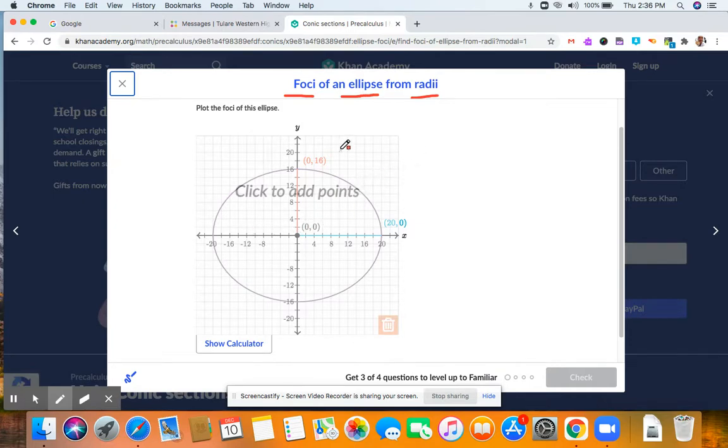But what we do need is the equation of the focus. So the focus, sometimes they call it focus squared, is equal to the major radius squared minus the minor radius squared. I'm using A and B here, but this is the major.